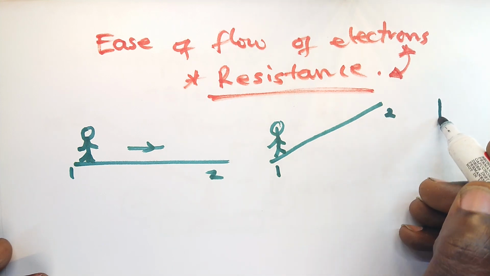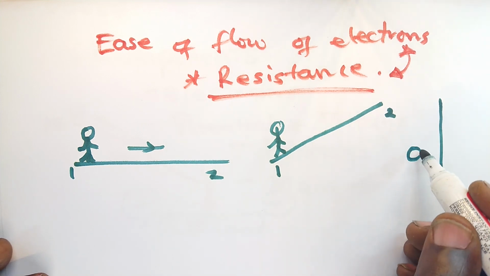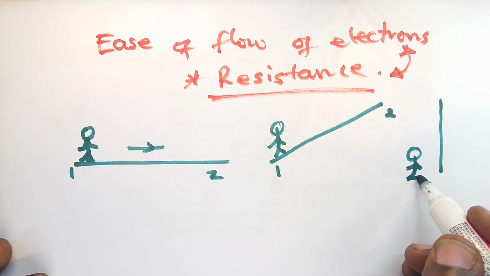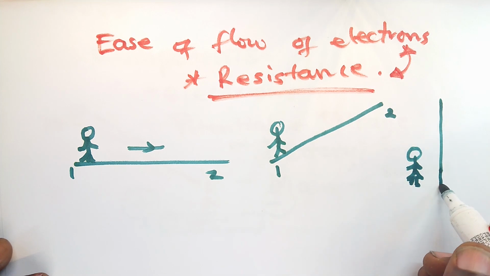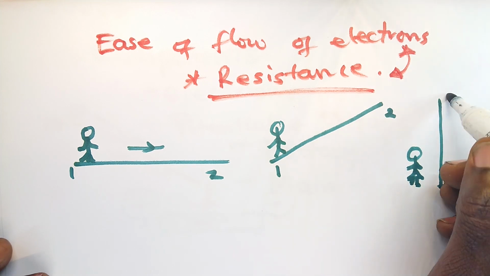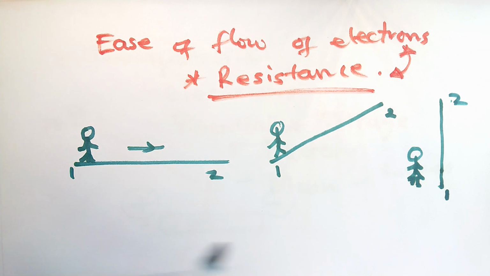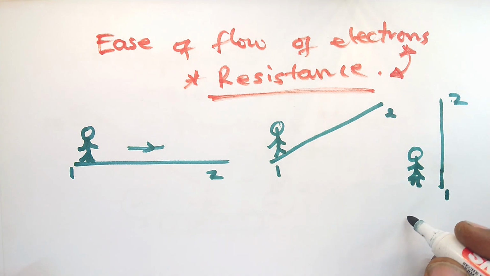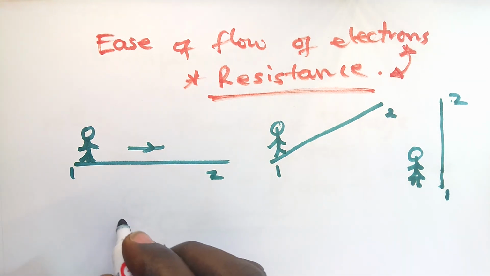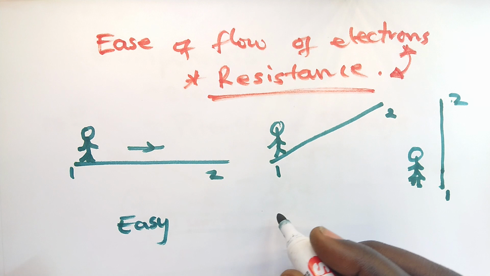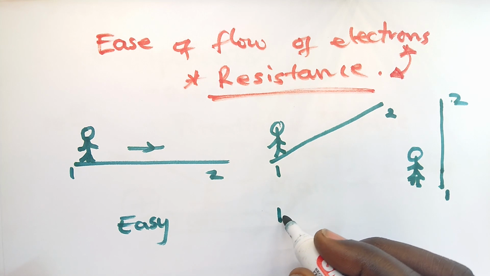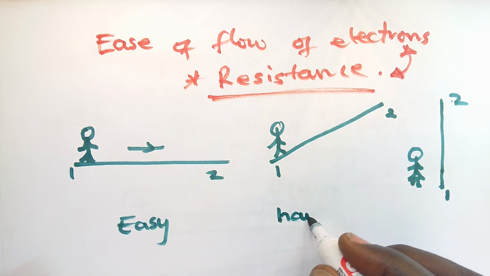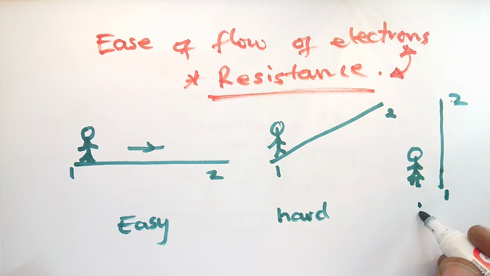Now if the ground is vertical, yeah, and I want you to move from point 1 to 2, this is very hard. In fact, we could say this is impossible. This one is easy, this one is hard, and this is almost impossible.